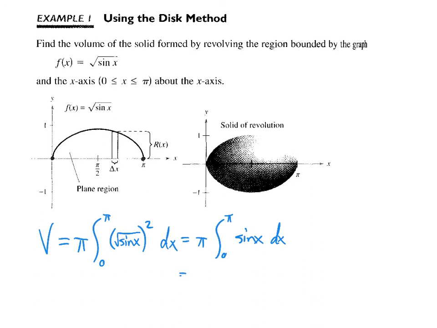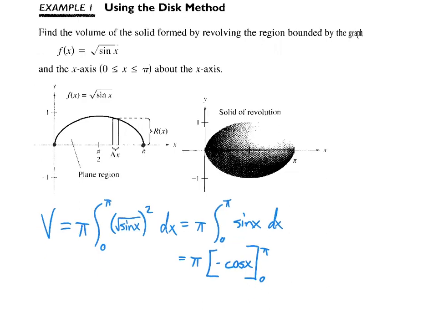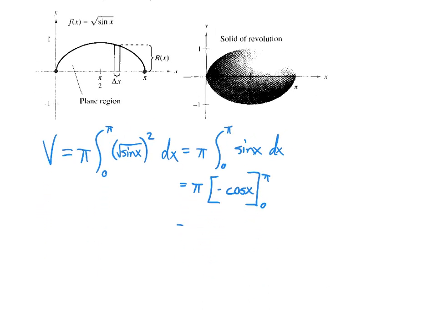Alright, so the integral of sine is a negative cosine. So I have negative cosine x evaluated from 0 to pi. Notice that pi is still out there. So I have a negative, what's cosine of pi? Negative 1.